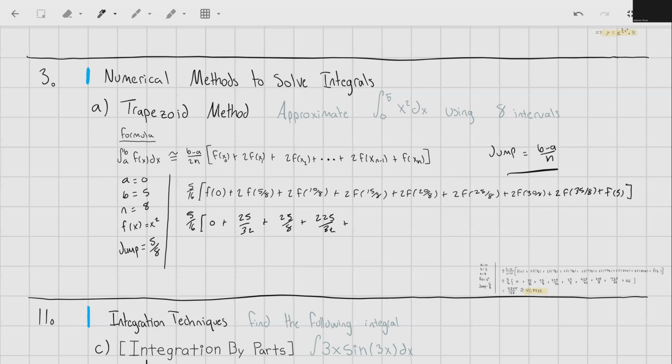And then 625 over 32. And then 225 over 8. And then 1225 over 32. And finally, plus 25.